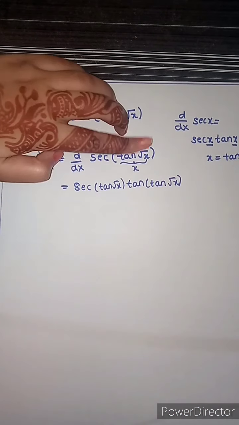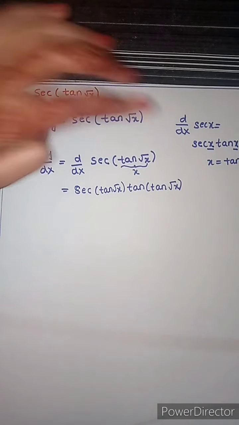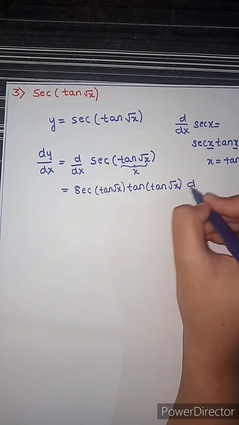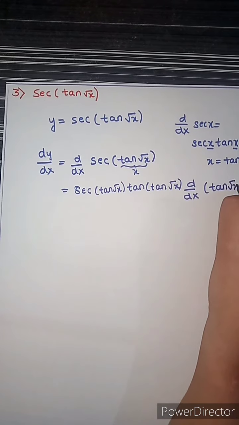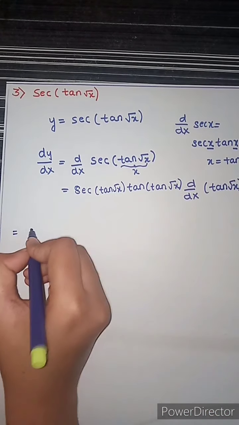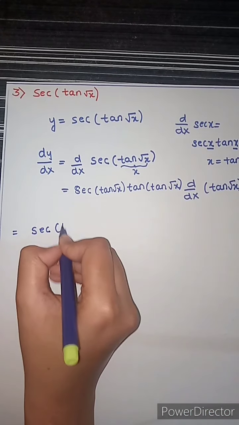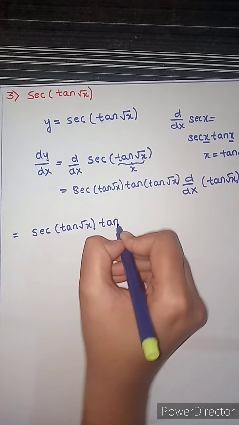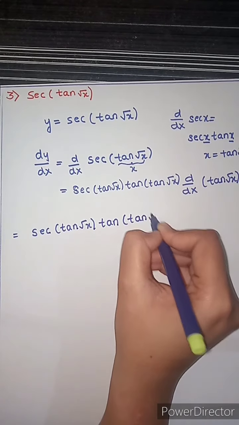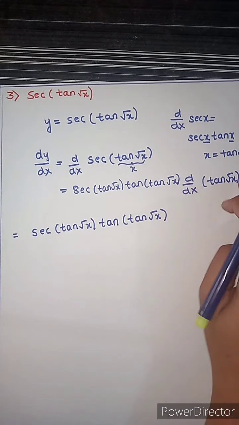Now we need to differentiate this x, that is d by dx of tan root x, right? Write this as it is, secant of tan root x, then tan of tan root x.